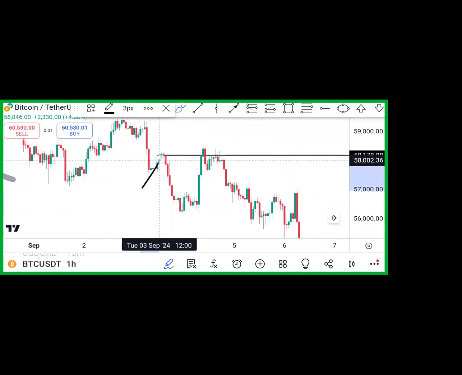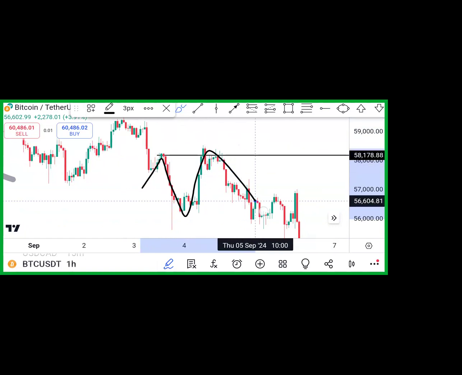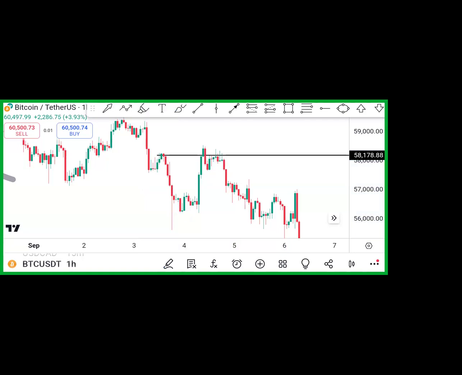Because there was a first touch, a pullback down, the second touch, then continuation. So automatically that area becomes a resistance for them. But me, I choose to call it a supply level, right? What I call my resistance is my previous day high and my previous week high.